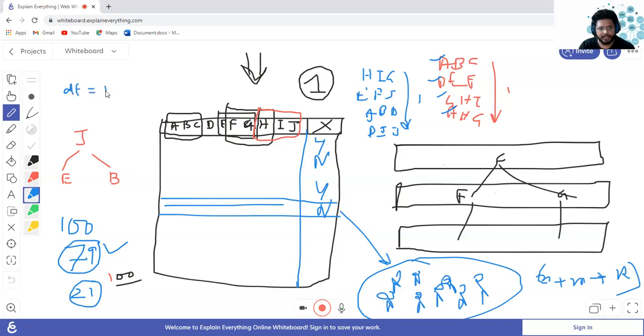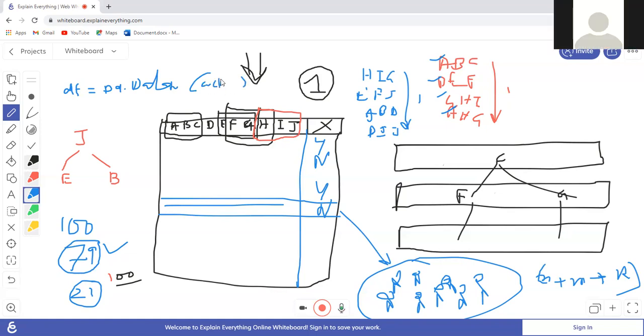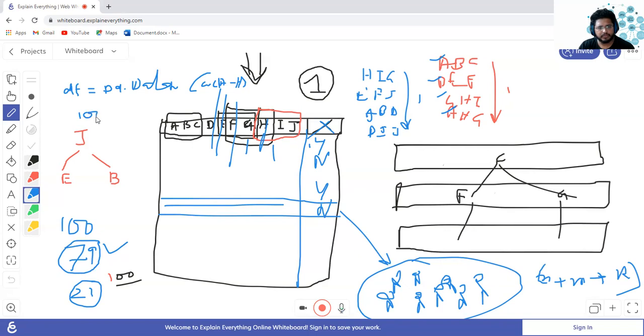You create a data frame with pd.DataFrame and give columns A to H. Then randomly fill up the values of A, B, C, D, E, F, G, H, I, J, and then some X value. Do this for 1000 rows.